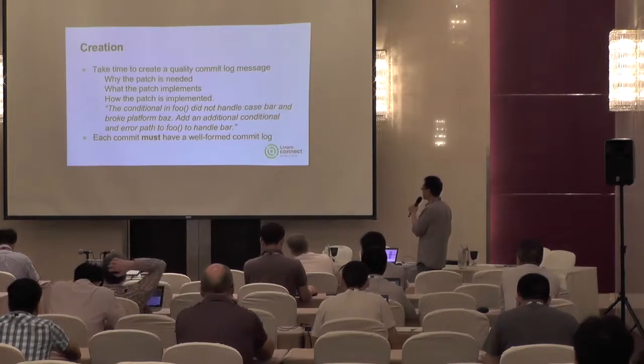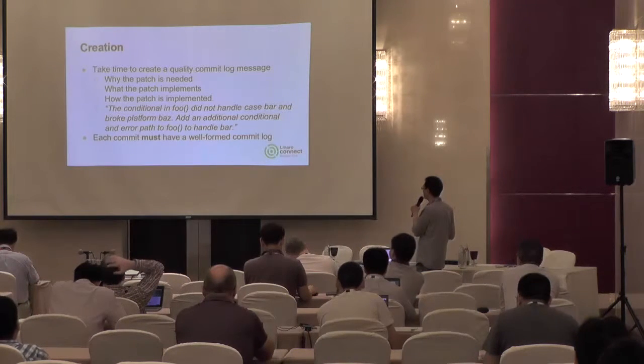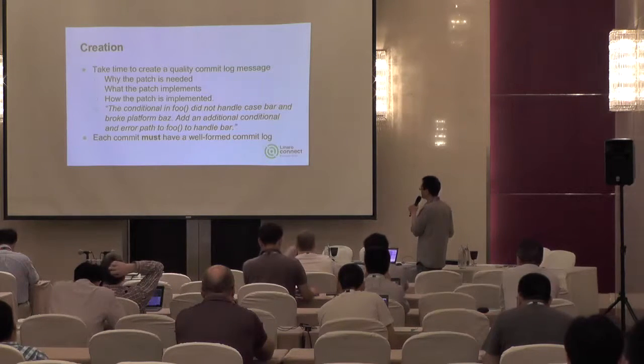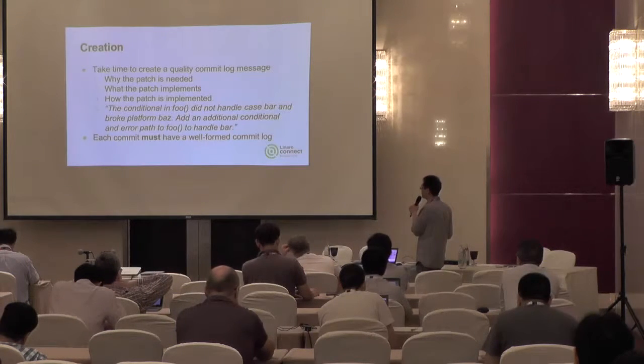The commit log message is quite important, so take time to create a quality commit log message. In the commit log message, it needs to describe why the patch is needed, what the patch implements, and how the patch is implemented.